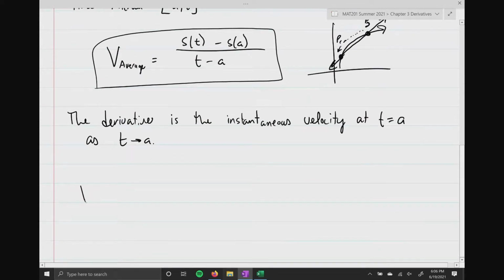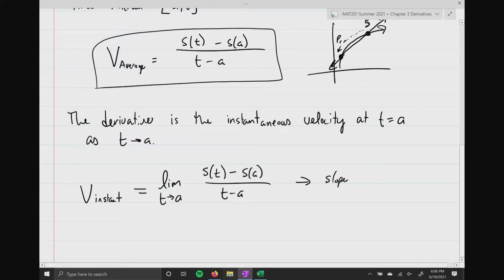So we have the velocity, or the instantaneous velocity, is going to equal the limit as t approaches a of s of t minus s of a, all divided by t minus a. All right? And that is what we call our slope of the tangent line.